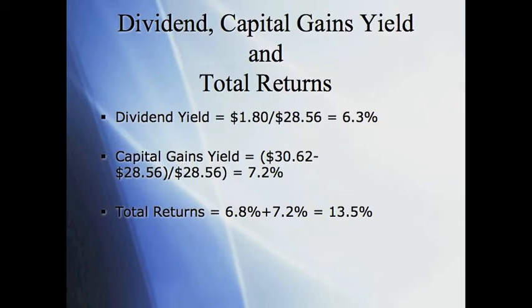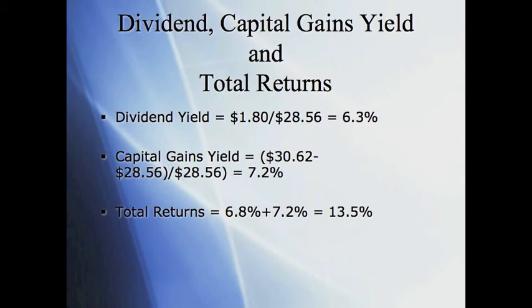To calculate the expected dividend yield, capital gains yield, and total returns, you need to take each year, T, and then use the dividend yield as D T divided by P T minus 1. And for the capital gains yield, parentheses P T minus P T minus 1, parentheses, divided by P T minus 1.